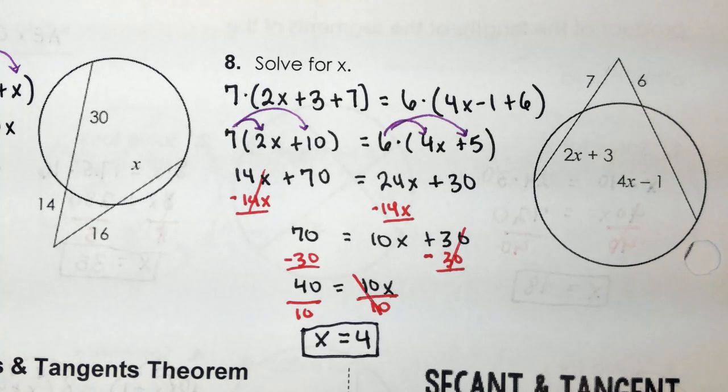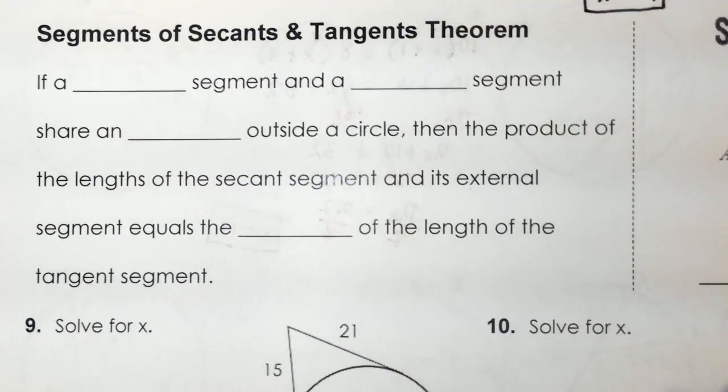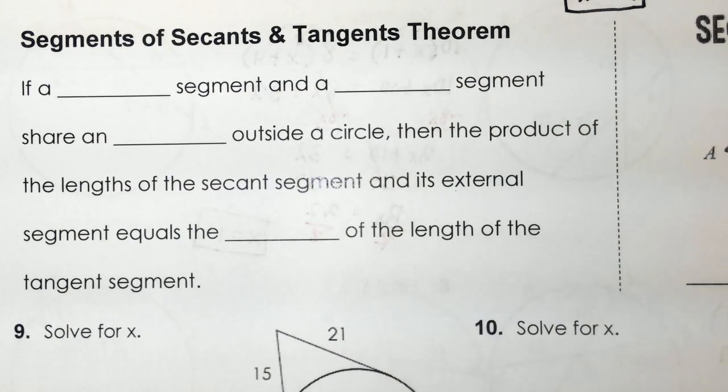Last thing. Secant and tangent theorem. So this theorem is for if you have a secant and a tangent line on a circle, creating an exterior angle.